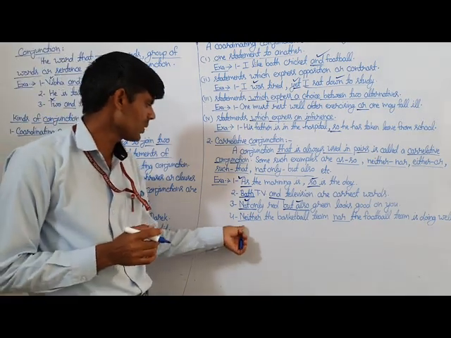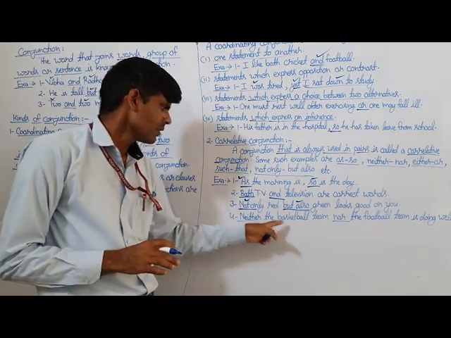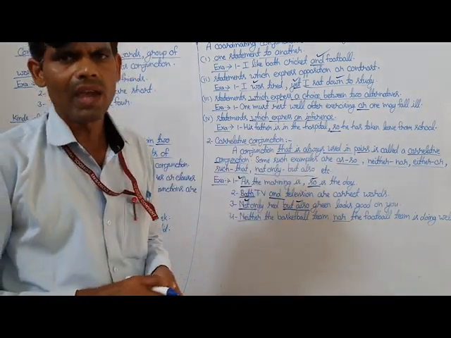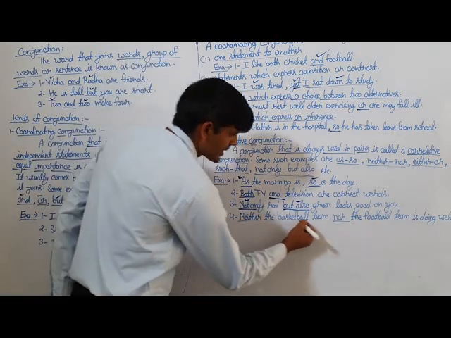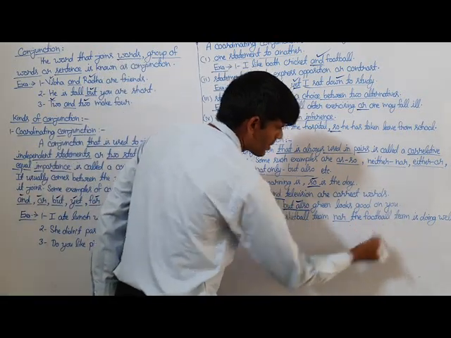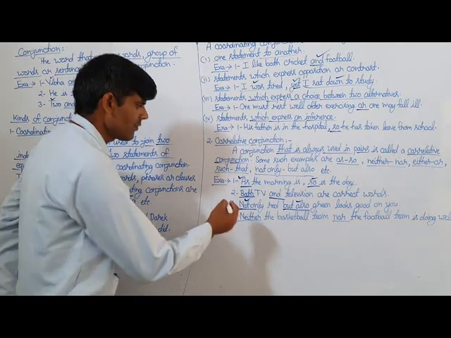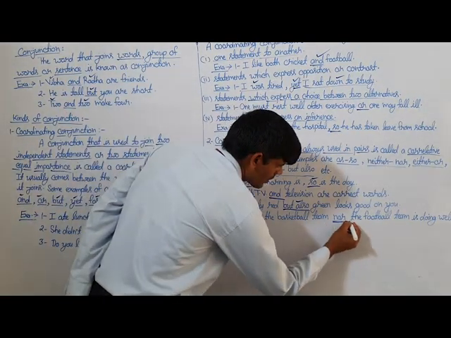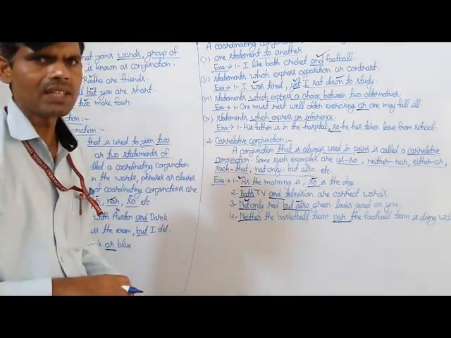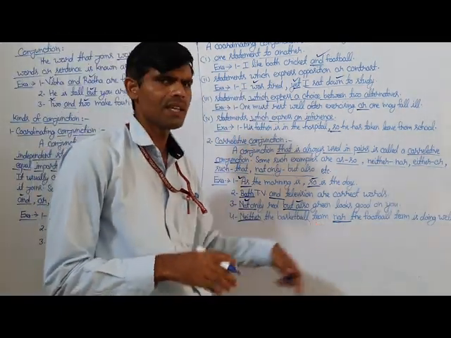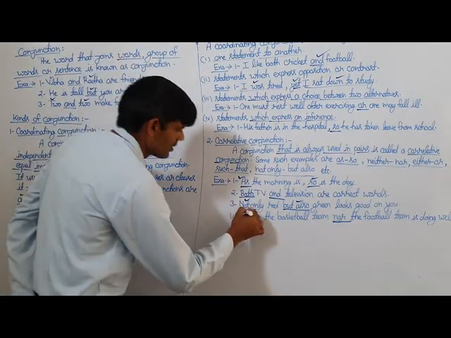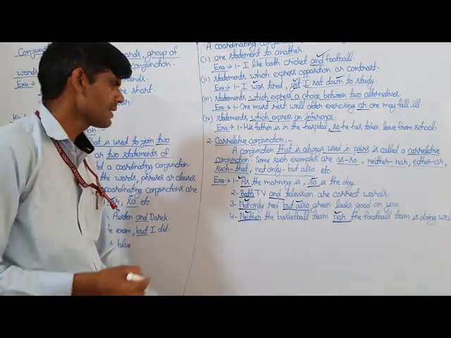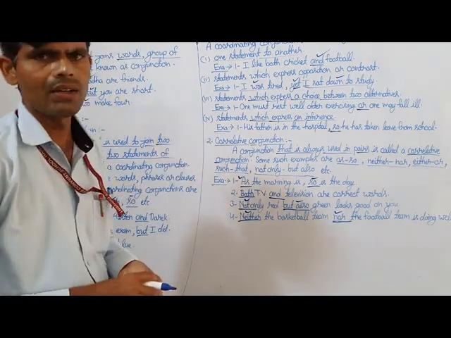Here is the fourth example, and that is: neither the basketball team nor the football team is doing well. Here in the fourth example, the underlined words neither and nor are a correlative conjunction because they are used to join in the sentence as a pair. So these are also counted as correlative conjunctions.